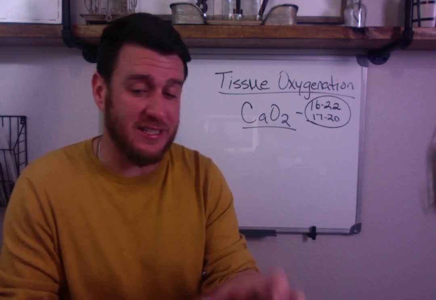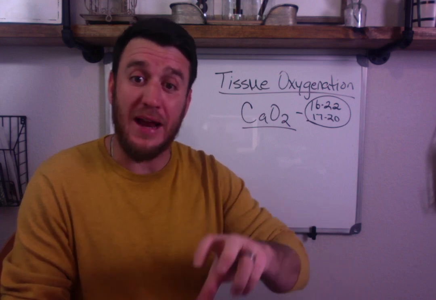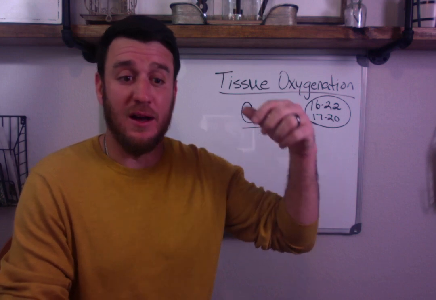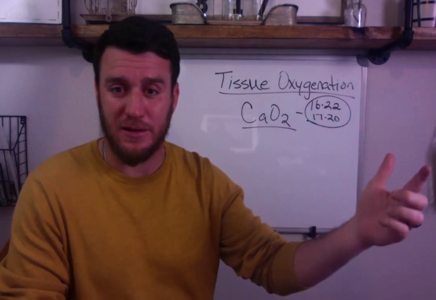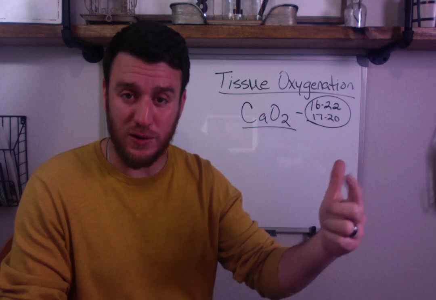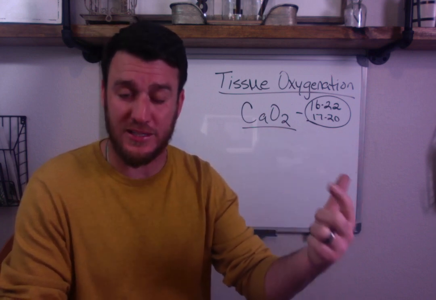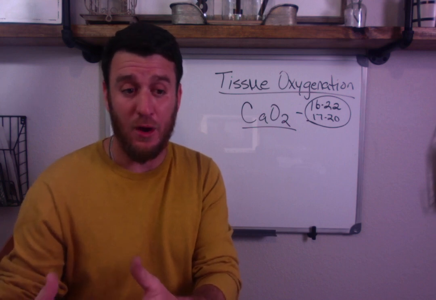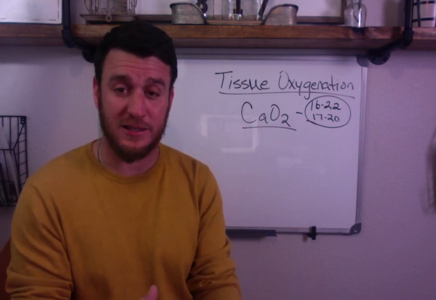Now we know that when patients live at a state of chronic hypoxemia, their body compensates for this by creating a state of polycythemia, which is an increase in your red blood cells and an increase in your hemoglobin.